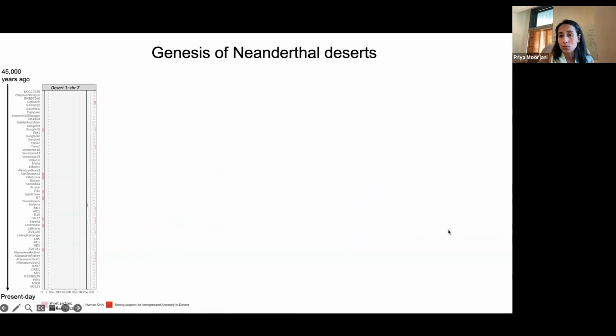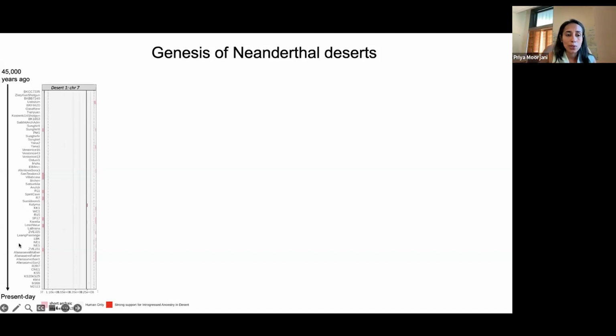Now, remember, I also told you that some regions of our genome have no Neanderthal or Denisovan ancestry, and we often refer to these regions as archaic deserts. Now we can actually go back in time and see how these deserts were formed. Here, I'm showing you results for one of the deserts. This is a region on chromosome 7. It's a large region where Neanderthal ancestry is depleted for more than 1 megabase.